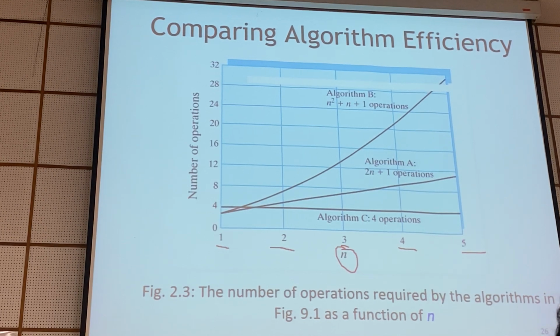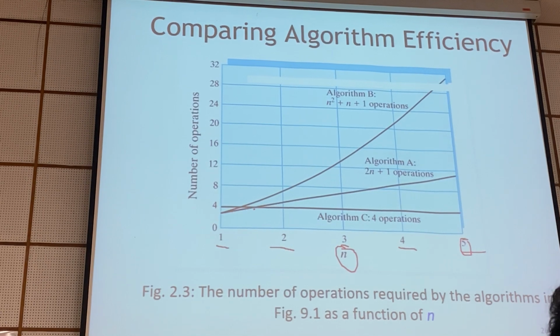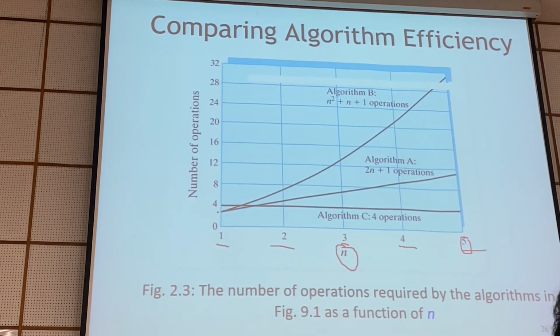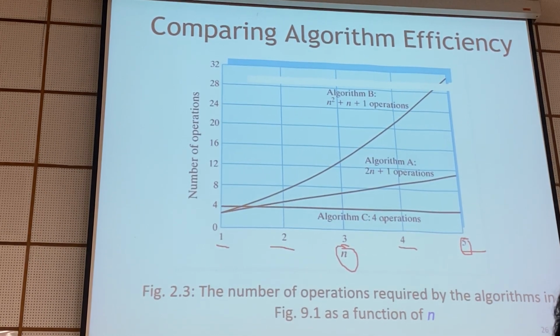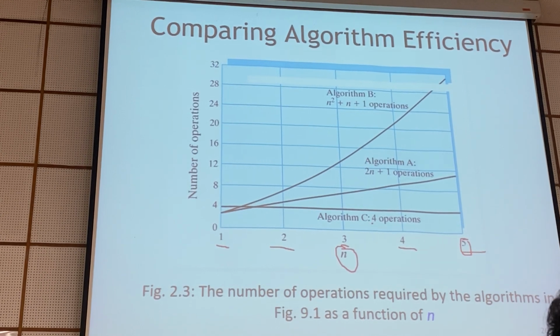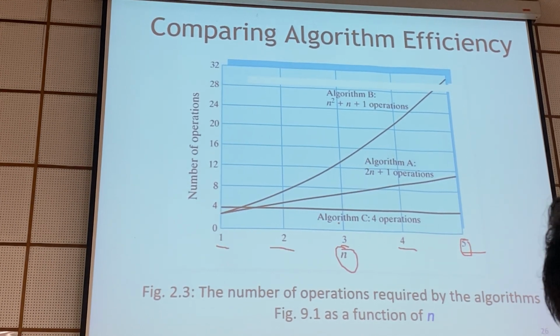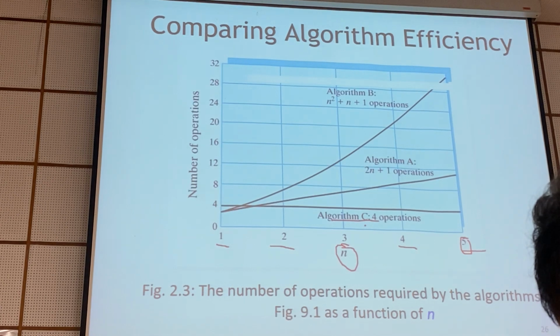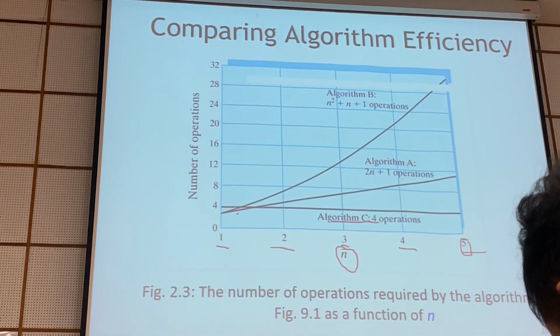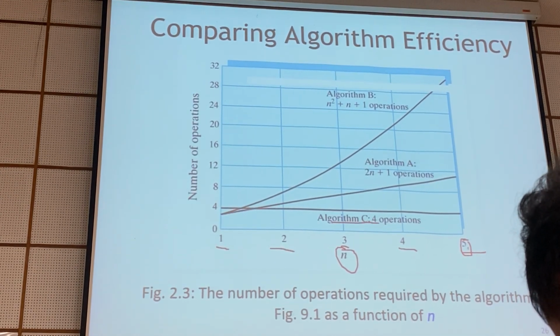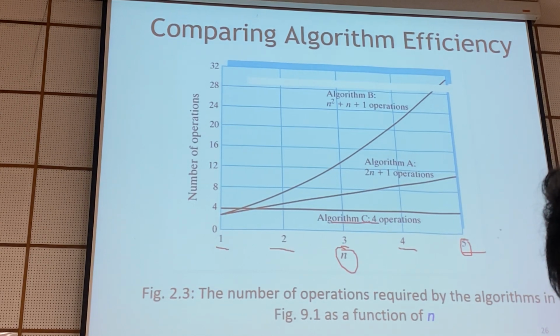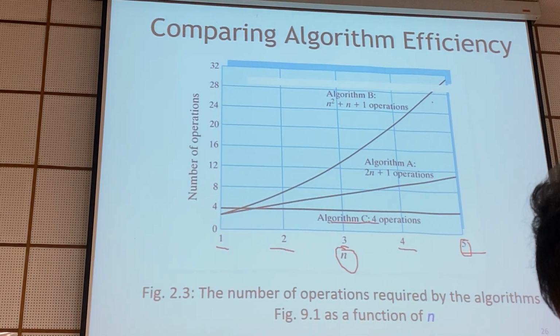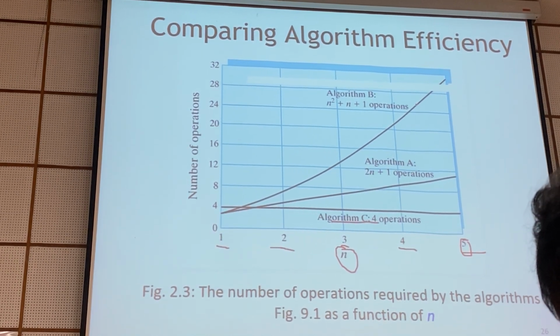The minute your n value goes up, you see it's very low here, even lower than the operations for algorithm C. It's low here. Then you increase your n value. What happened? It's going up.